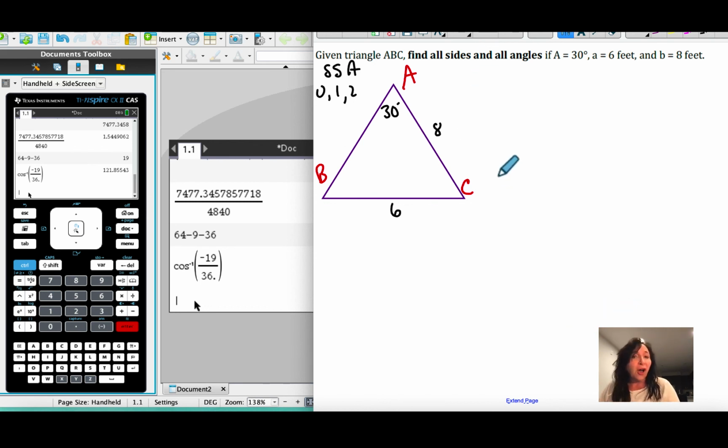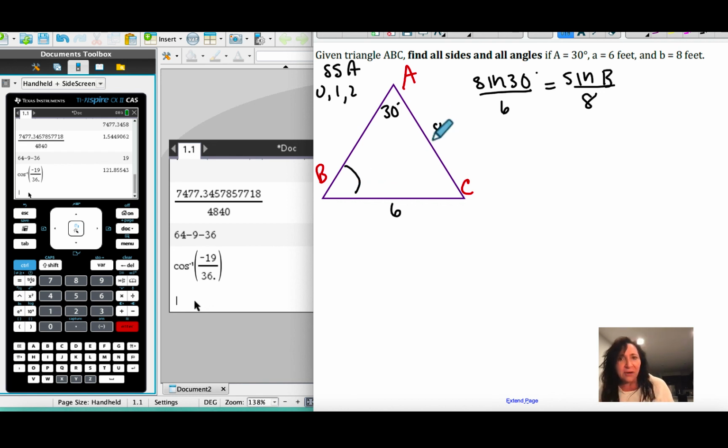So we're going to start off with law of sines. Sine of 30 degrees over 6 is equal to sine of B over little b. You have to start off with this angle because you have to use the side and the angle opposite, right? I couldn't use C because I don't have the angle and I don't have the side.